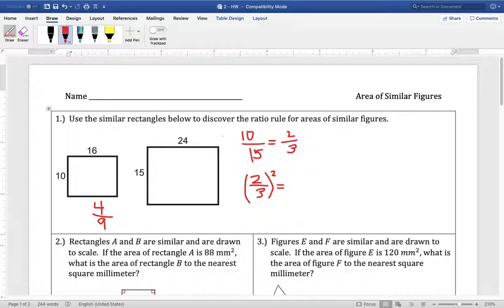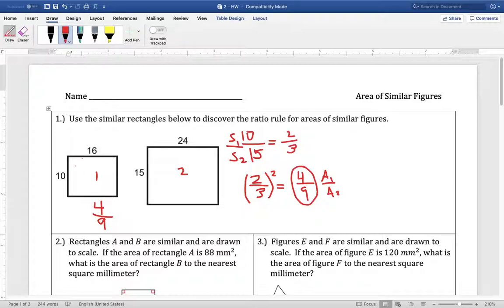This is side over side, so this is going to give us our area over area. If we square 2/3, we're going to get 4/9. This is our area over our area, the ratio of the two areas. I'll call these 1 and 2. It's the same answer we got when we actually figured out the areas.